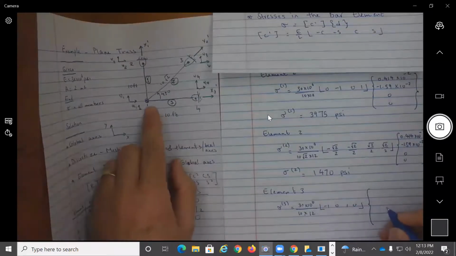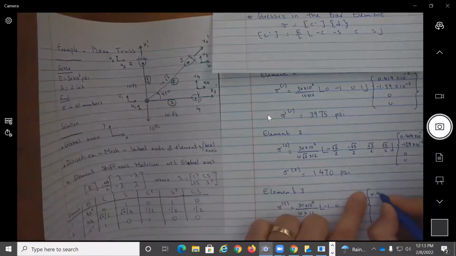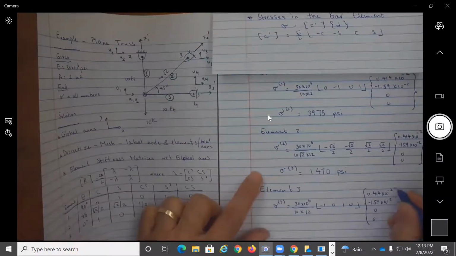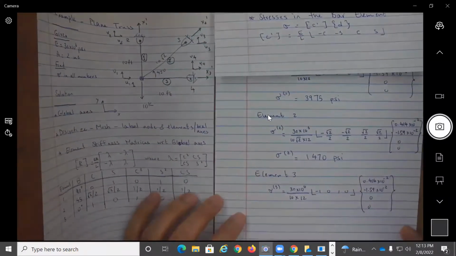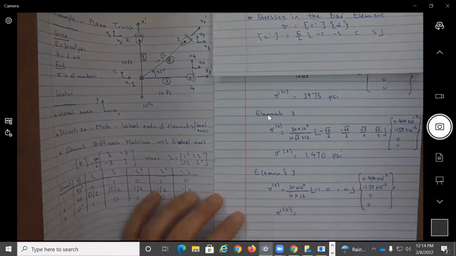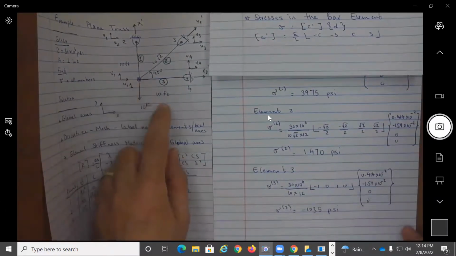Again, element 3 connects node 1 to node 4. So I'm going to have U1, V1, and U4, V4, which are zeros. When I do the numbers, we get here a sigma 3 that is equal to minus 1,035 psi. So the bottom chord is in compression.